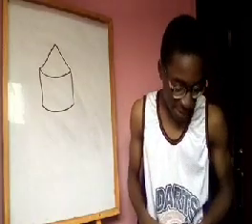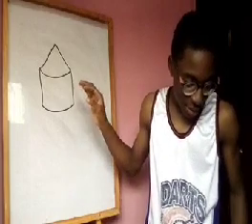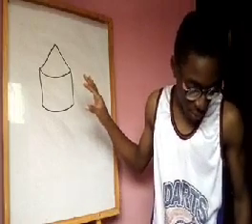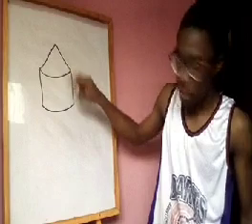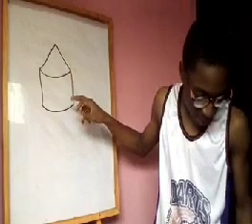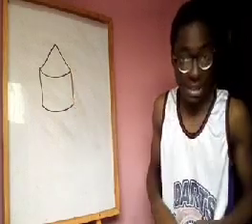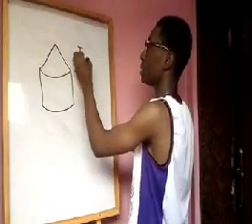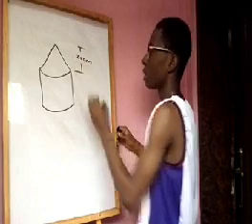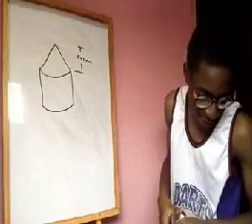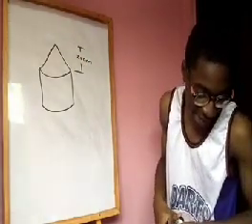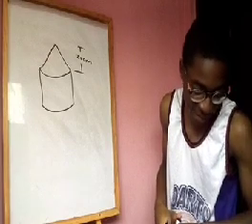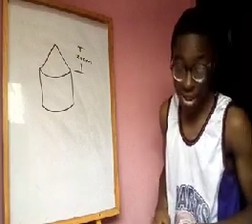Now the question says, this is a composite solid consisting of a cone on top of a cylinder. The height of the cone is 20 centimeters, so from the top to the bottom here is 20 centimeters. And then lastly, they said the height and the base diameter of the cylinder are 40 centimeters and 30 centimeters respectively.